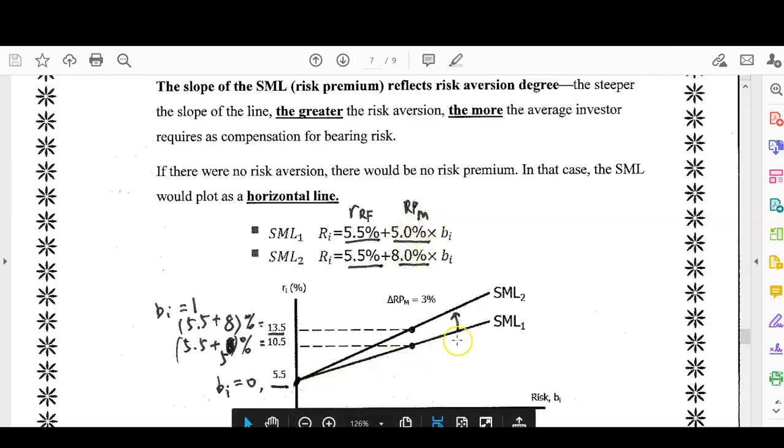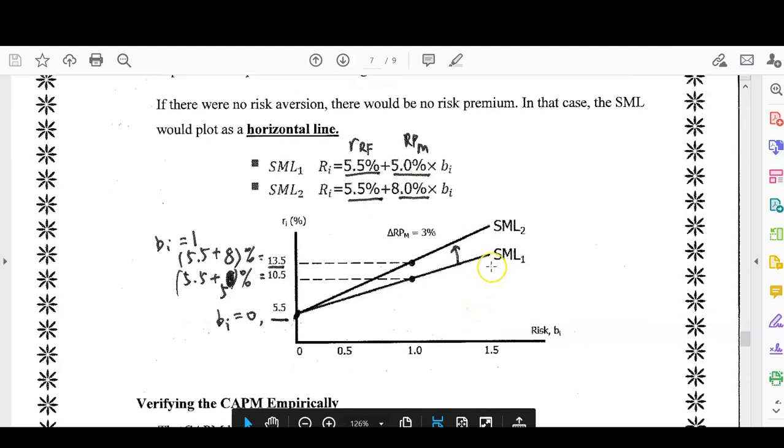So this line moves up, but this time it is just the slope that goes up. The intersection with the y-axis, RI, when beta is 0, RI is still 5.5%. This point doesn't change. It's just the slope that increased when market risk premium increases by 3%.